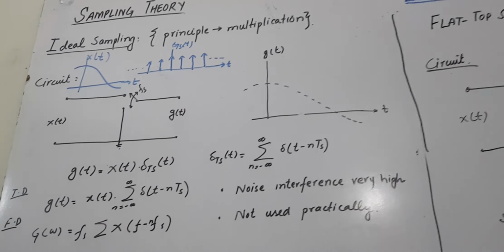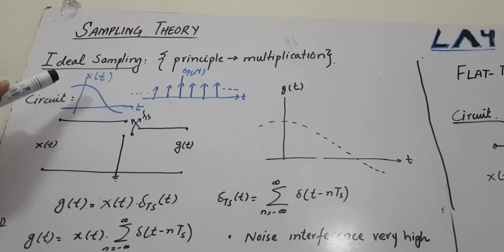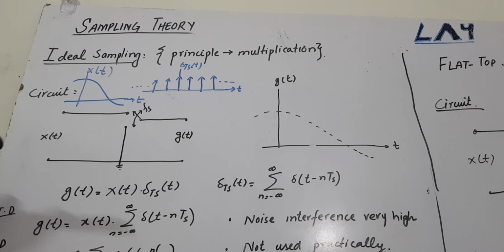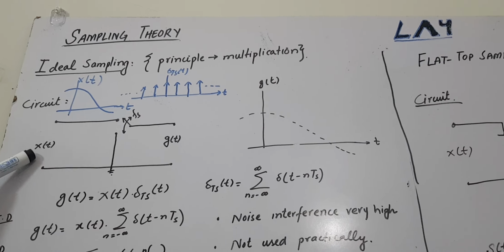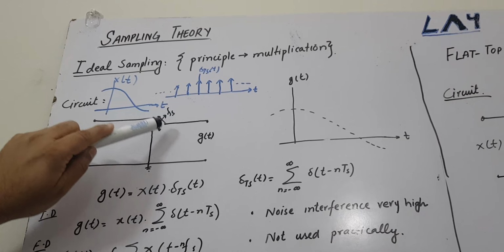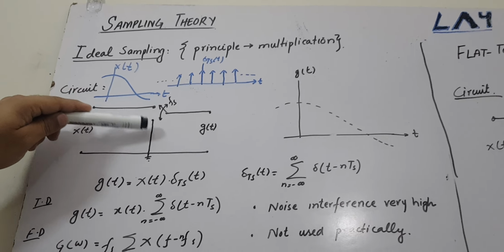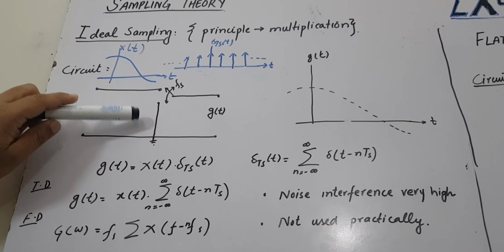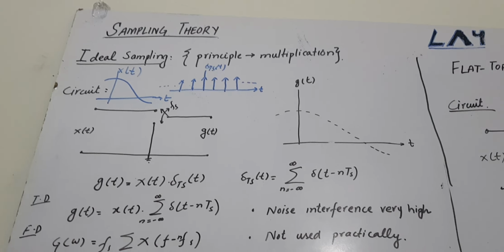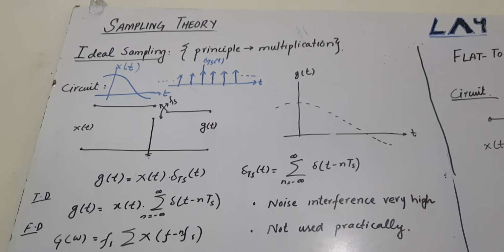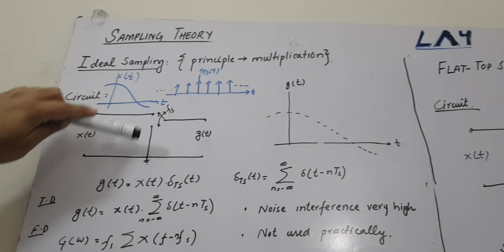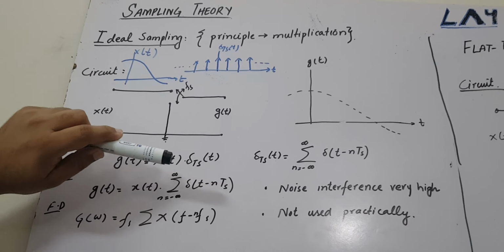Suppose you have an analog continuous signal x(t) plotted against t, and you want to convert that continuous signal into a discrete signal using ideal sampling. The circuit of ideal sampling is given by this circuit: x(t) and a switch which is on and off depending on the sampling frequency, which is equal to twice the modulating frequency.